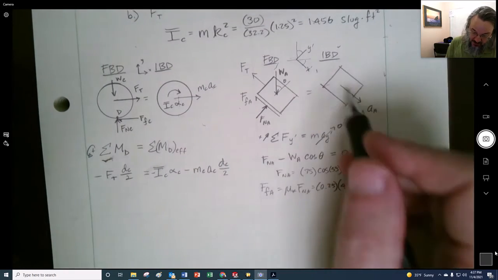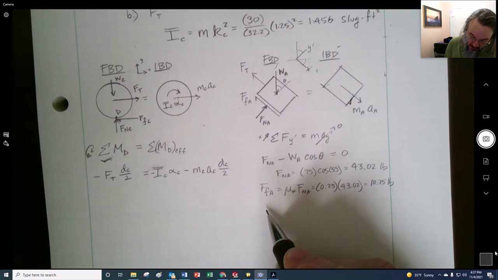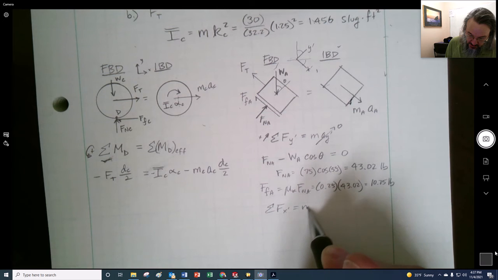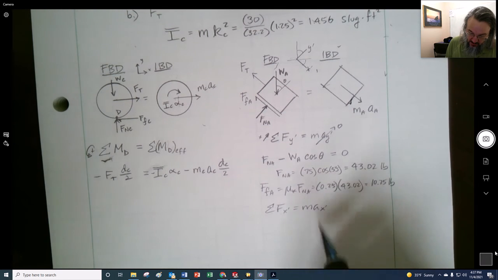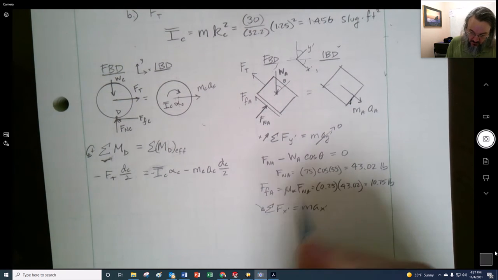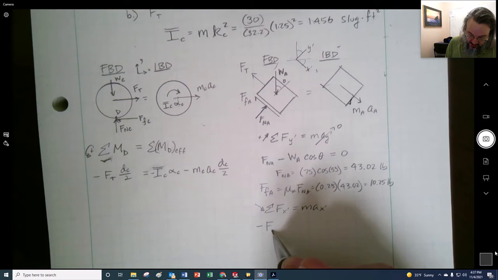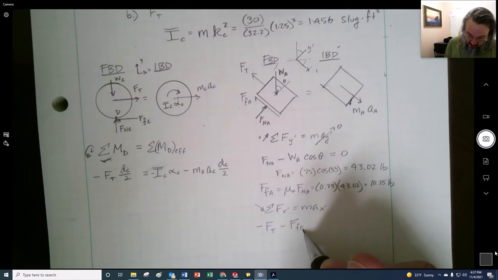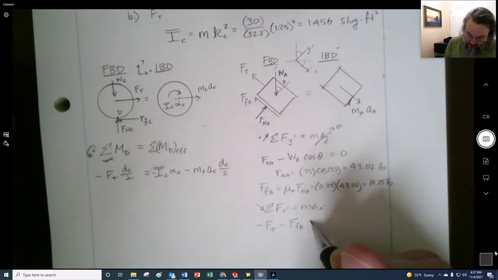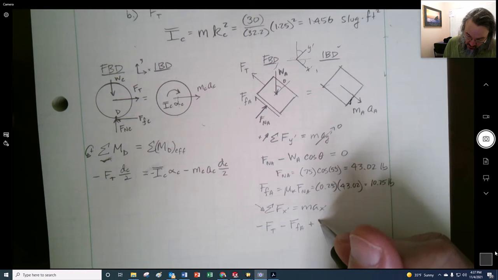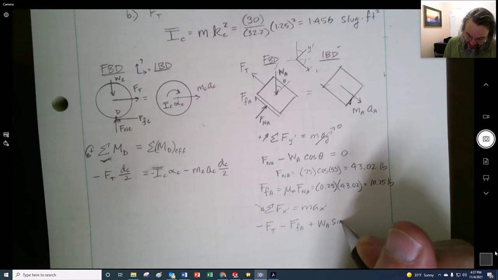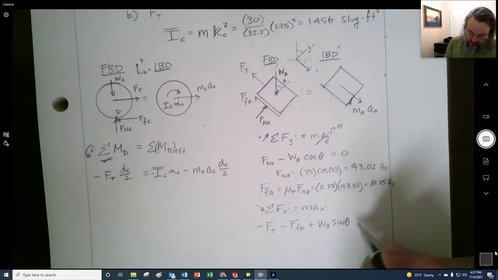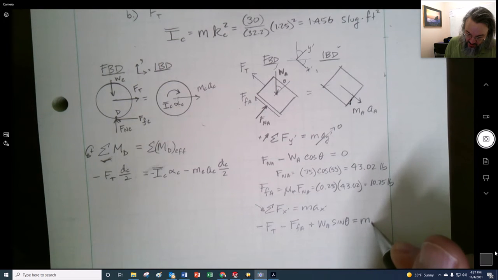Now we want to set up the other part of this, which is going to be the sum of the forces in the x prime direction is mass times acceleration in the x prime direction, going that way. So we have a negative Ft minus FFA and plus WA sine of theta is going to be equal to MA AA.